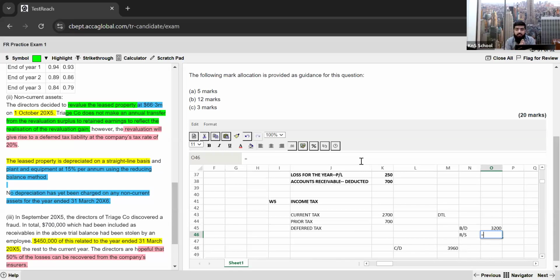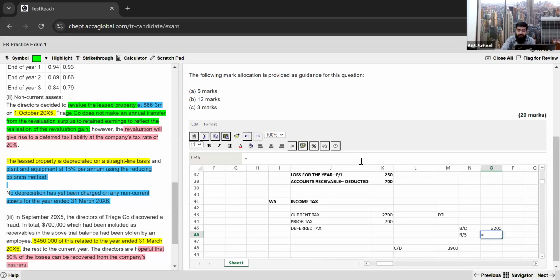Remember that in IAS 12, whenever we have a deferred tax on the revaluation surplus, the entry for that would be: revaluation surplus will be debited and deferred tax liability will be credited.